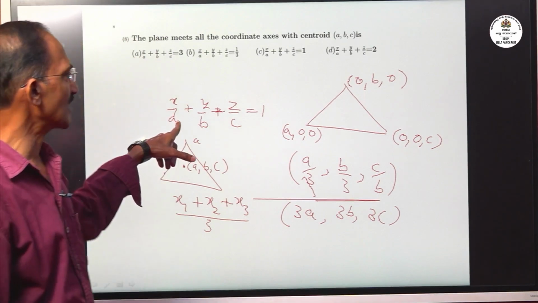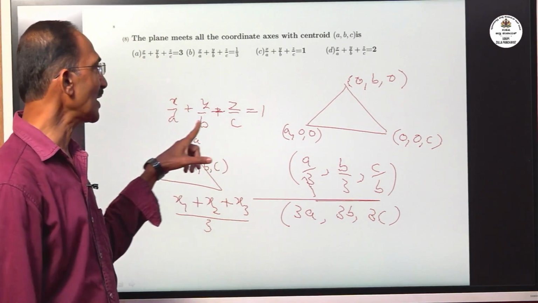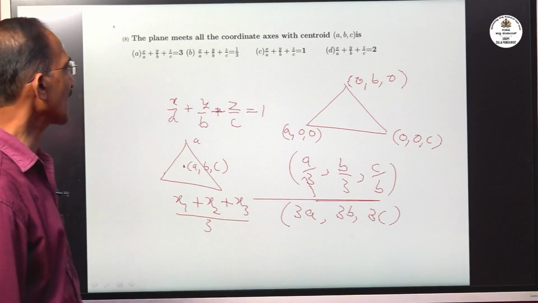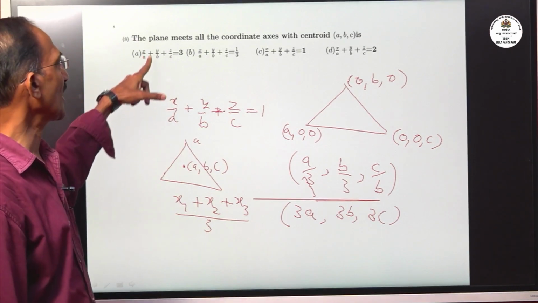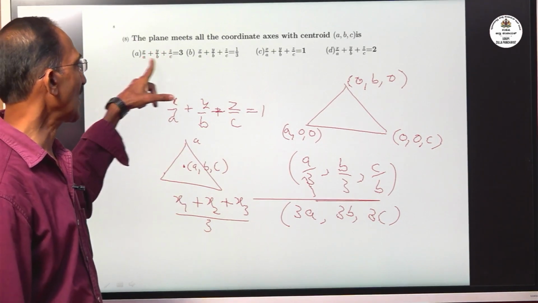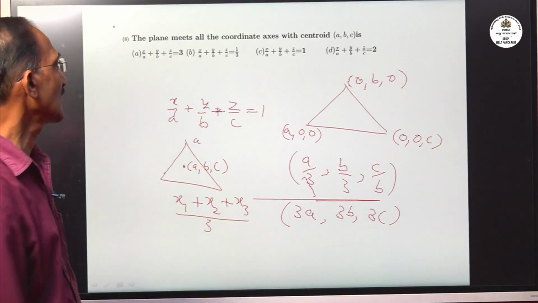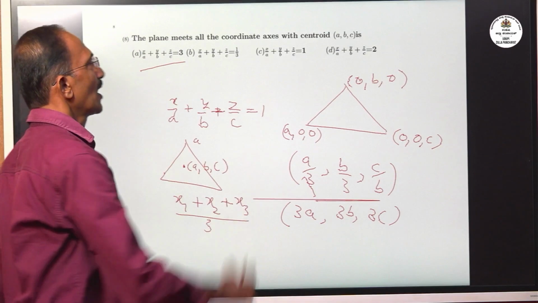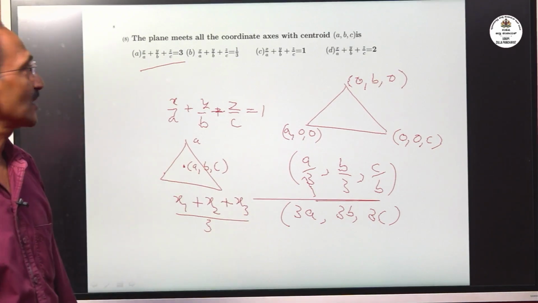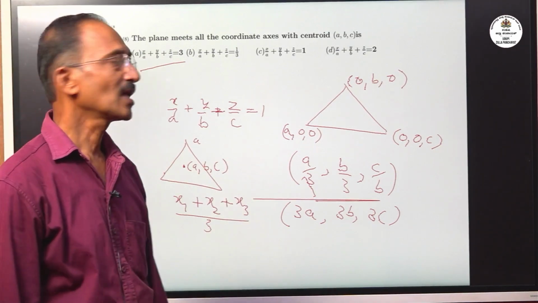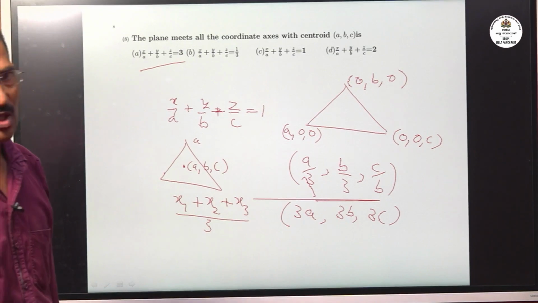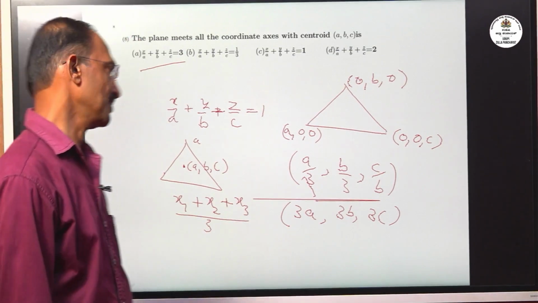Just replace a, b, c by 3a, 3b, 3c. So you get the same equation, x by a, y by b, z by c, and the 3 is the common term which goes to the right-hand side. So x by a plus y by b plus z by c equals 3 is the correct option, the equation of the plane.